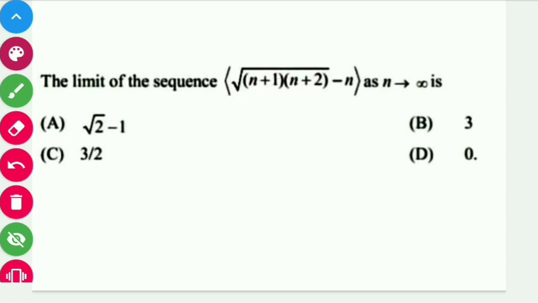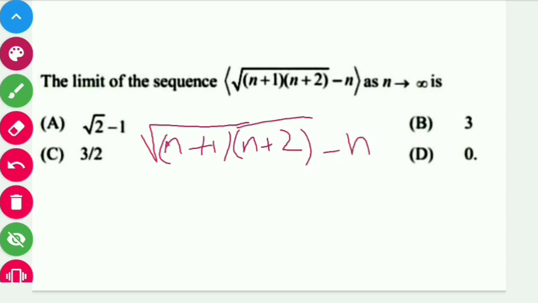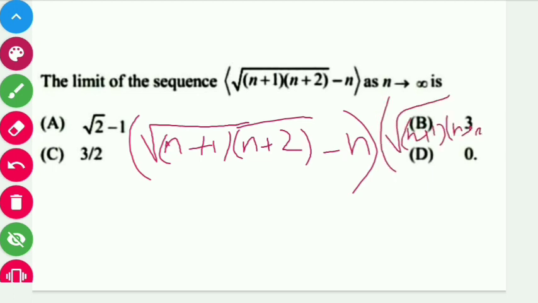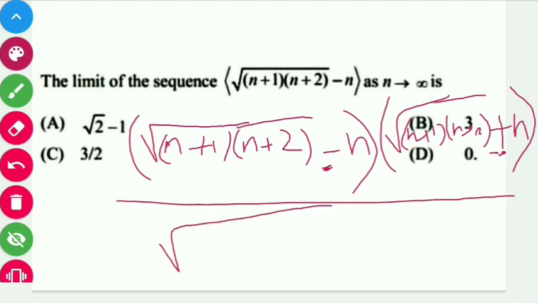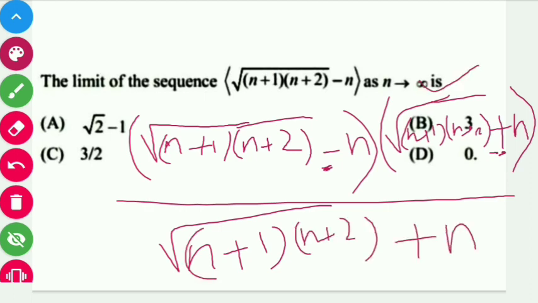So when we take root n plus 1 times n plus 2 minus n, rationalize this, that means multiply and divide by root n plus 1 times n plus 2 plus n, right? Just change the sign from minus to plus, then divided by the quantity n plus 2 plus n, right?